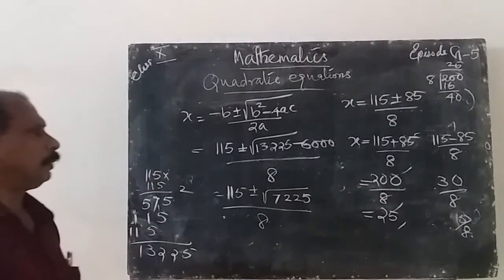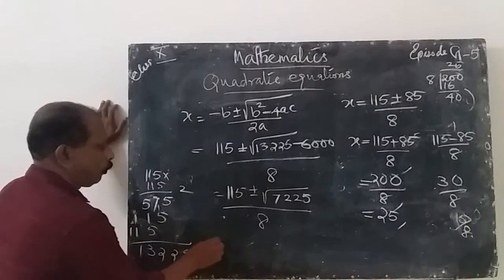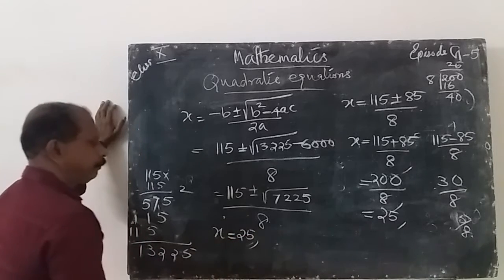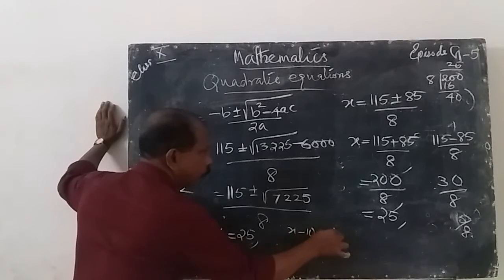Therefore, let us consider it as 25. Therefore, x is equal to 25 and x minus 10 is equal to 15.